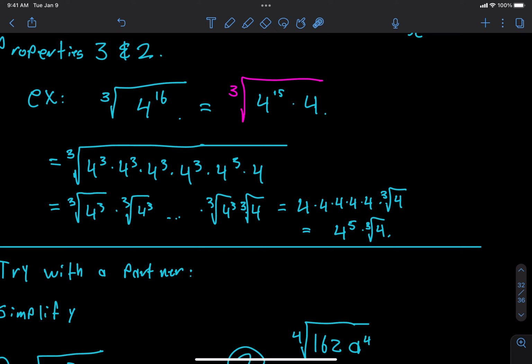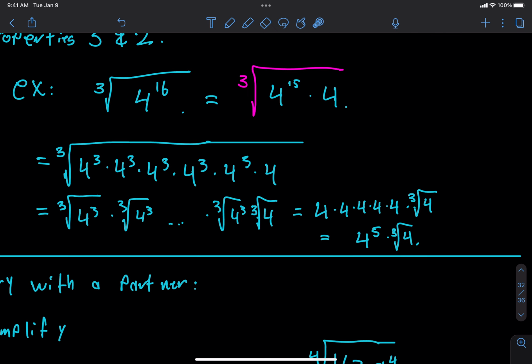A lot of the time, I'm not going to write out all of this. What I'm going to recognize is that 15 is a multiple of 3. So what is going to come out of the radical here is 4 with power 15 divided by 3.